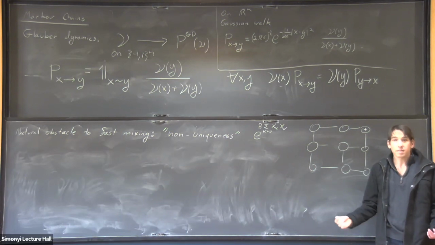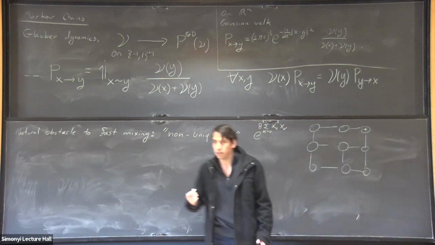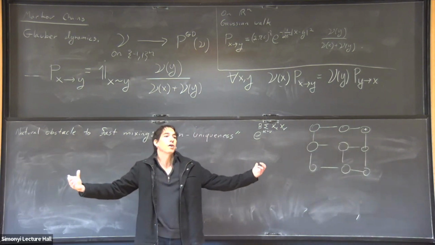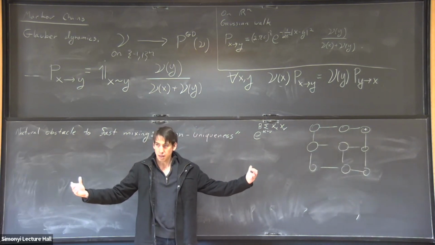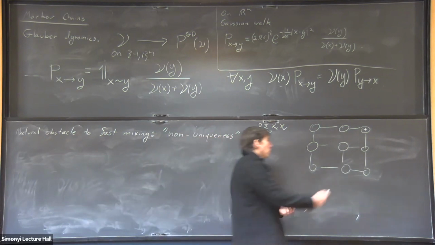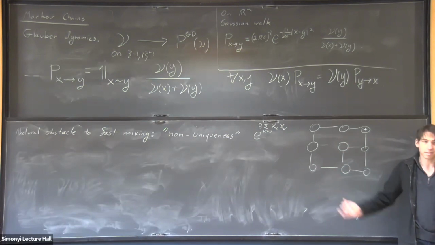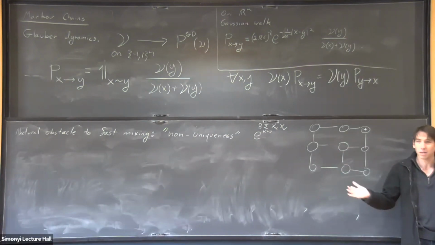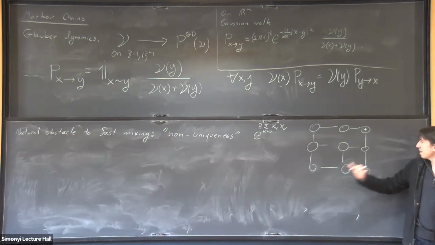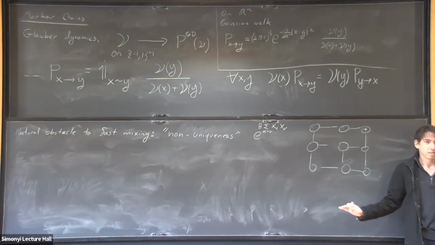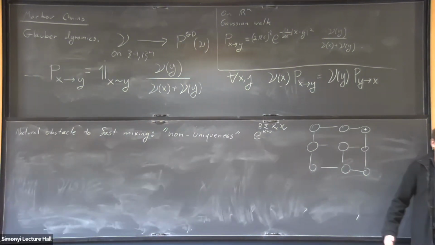So when the temperature is low, or when beta is large, there are going to be very far away correlations between the indicators of different sites, even though the sites are far away. This is really statistical mechanics 101, what we're doing here. We're not going to get into the details at all. And I guess Tom here can teach you much more than I can about these things. But this is really only for the sake of intuition.